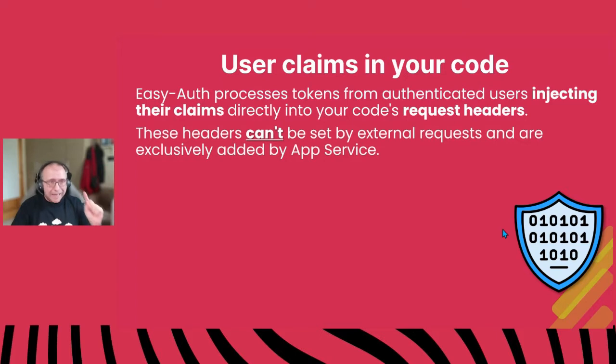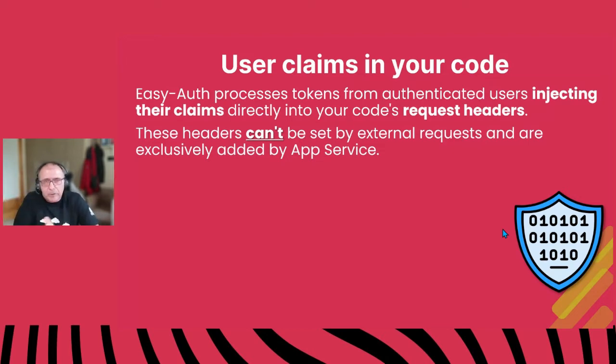Nobody can set this kind of header from outside the app service. So if you try to make a request and put the same header that the middleware sets for you, the middleware will remove these headers, so you cannot inject from outside.